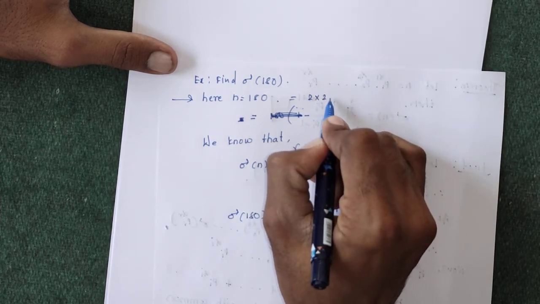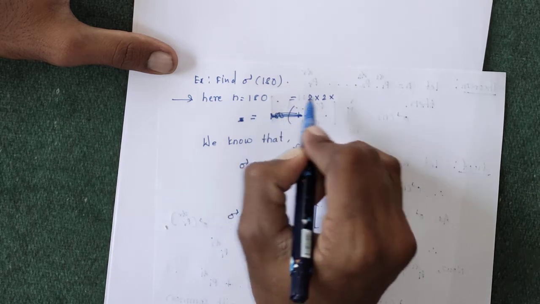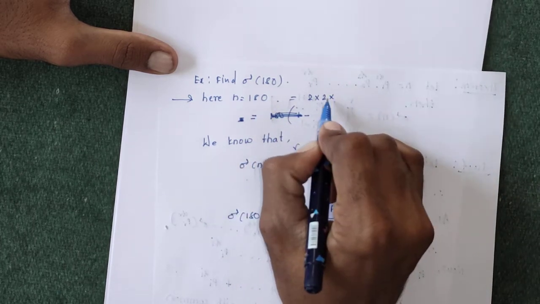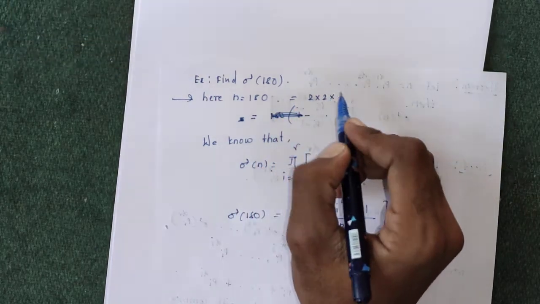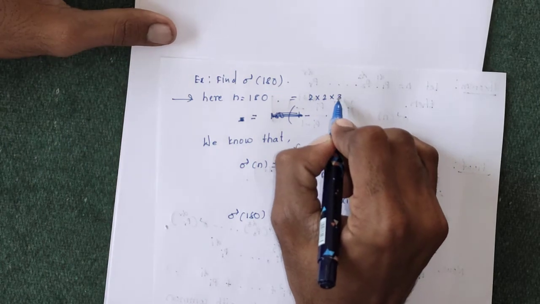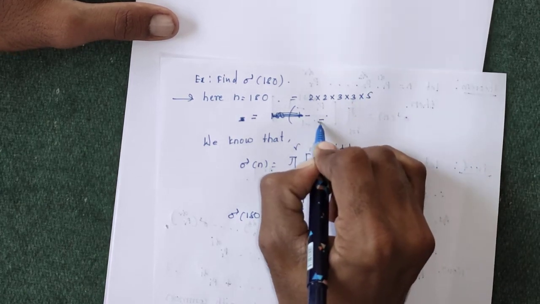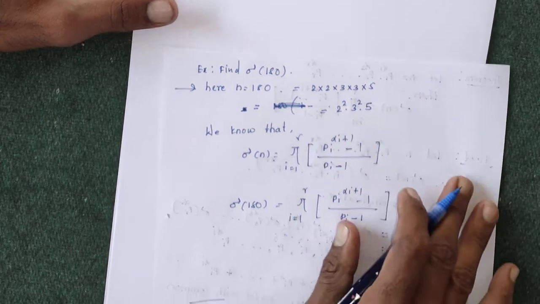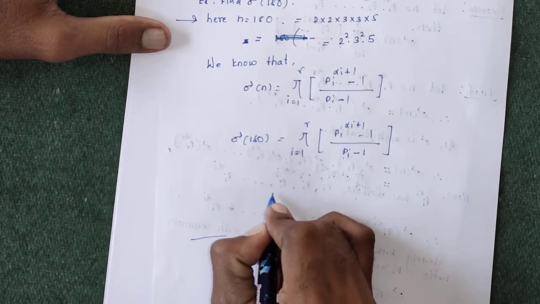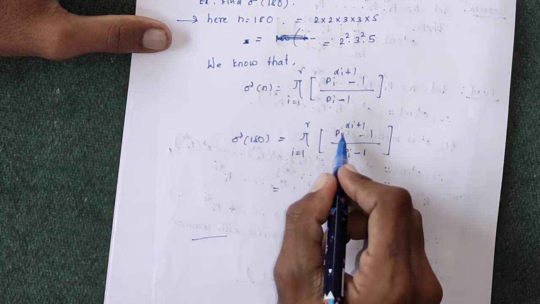Again 45 is 3 into 15, and 15 can be expressed as 3 into 5. So the canonical form of 180 is 2 square into 3 square into 5. So here p1, p2, p3 are running from 1 to 3, so we can write it as this.